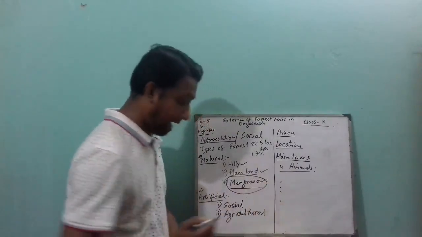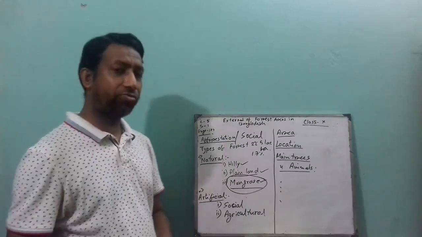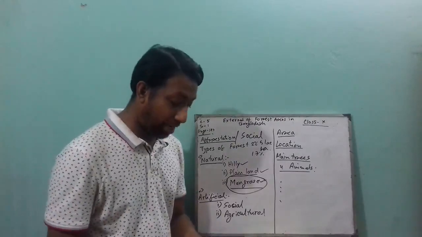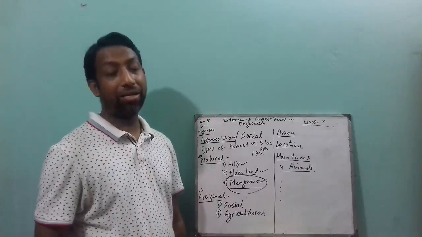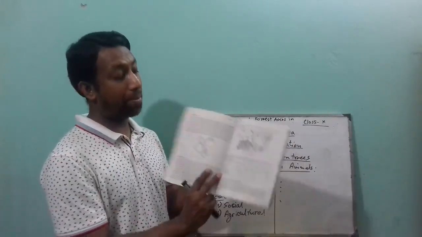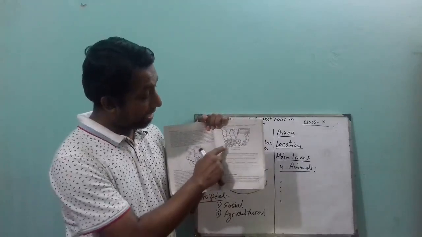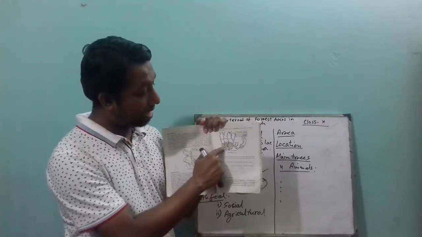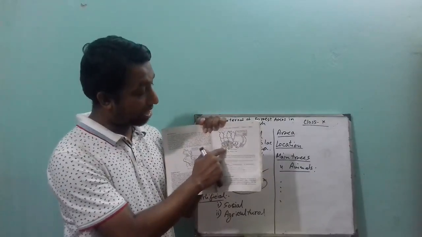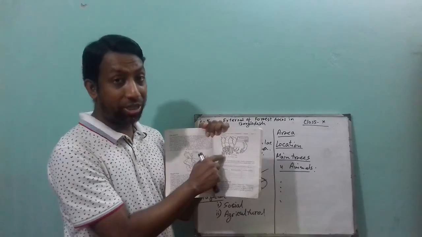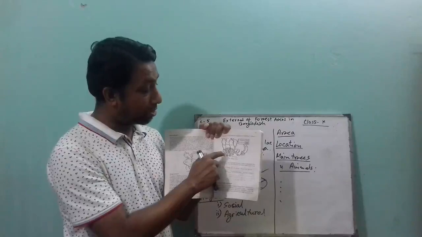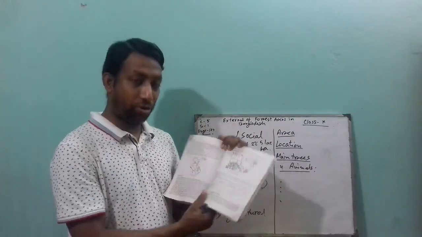This forest is located in the area of Khulna, Bagerhat, and Satkhira. If you go to the map, you can observe the region of Khulna, Satkhira, and Bagerhat, and they put black marks there, which means the location of this mangrove forest.